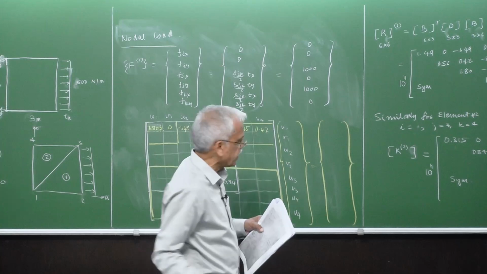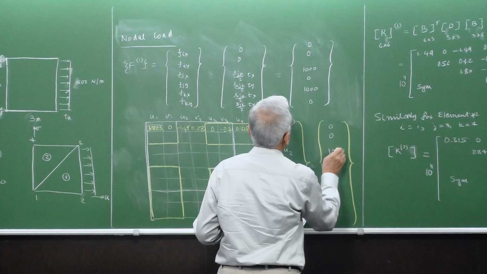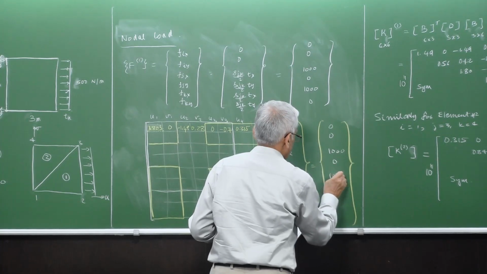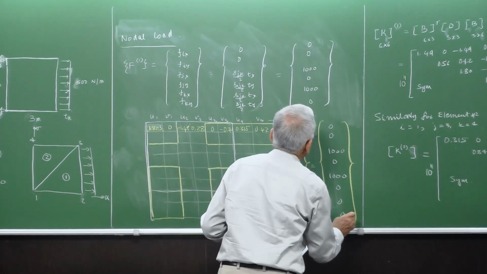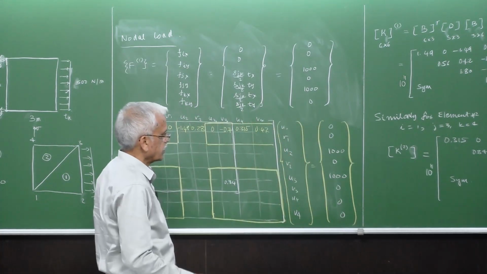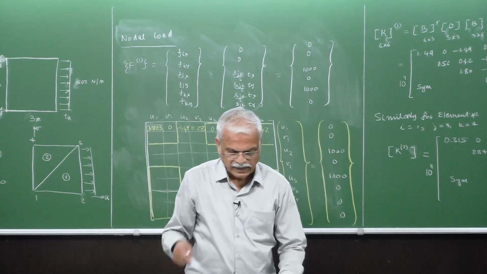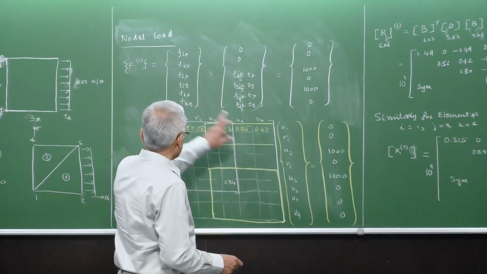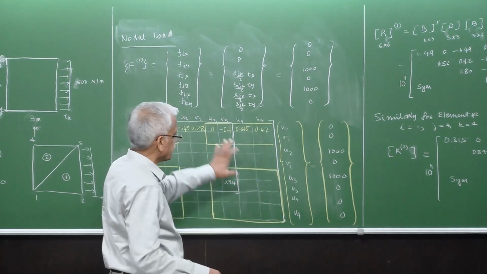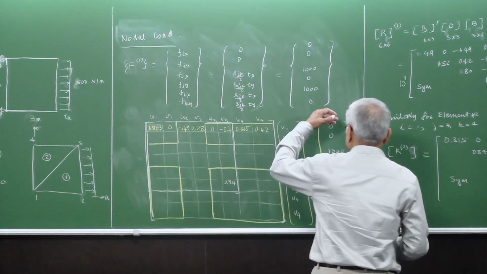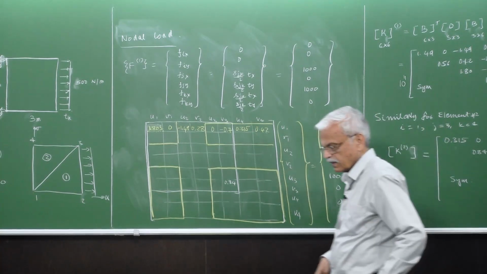So it is 0, 0, 1000, 0, 1000, and the other things are 0. Okay, so these are nodal forces. So this is the equation which we have here, and assume that all these things are filled up. So it just becomes an 8 by 8 matrix, and on the right side you have this force vector, and then you have to solve for this one.